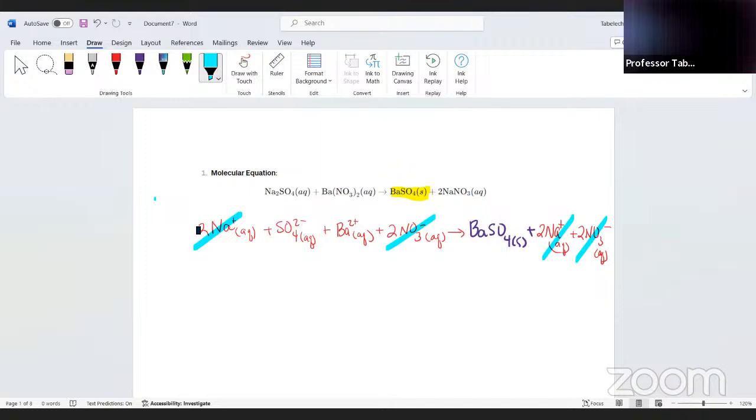Well, that is because I did not have another pair on the product side. And it's going to form the compound, barium sulfate, anyway. So what we have left over is SO4 2 negative, aq, plus barium with the 2 plus charge, aq, producing barium sulfate in the solid form.